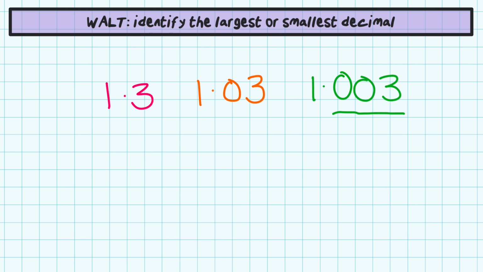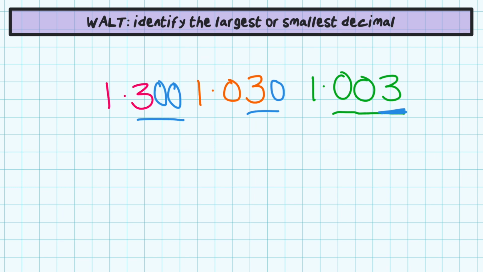If we had them all with 3 numbers afterwards, you could think of this one as 1.300 or 300. We could think of this orange number as 1.030 or 30. And this last number, 1.003 or just 3.